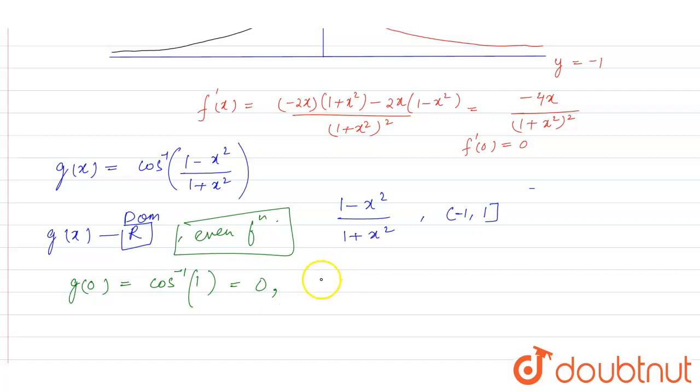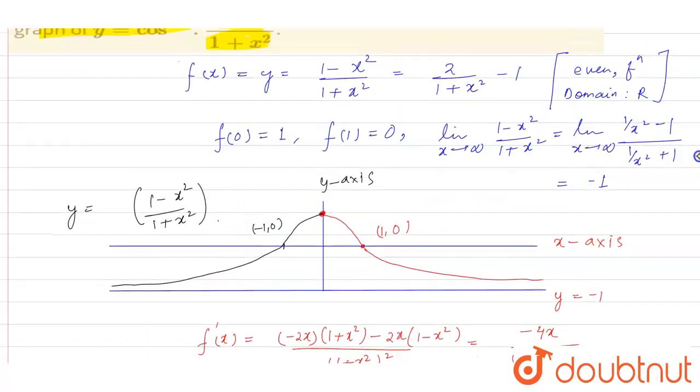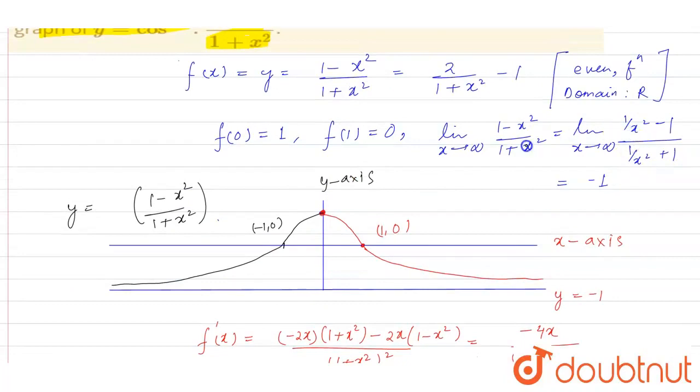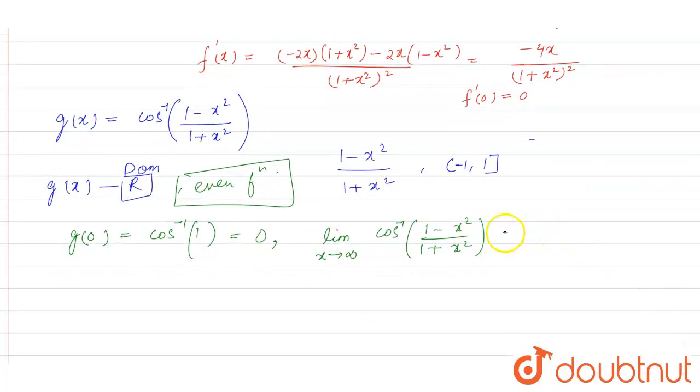Now we'll find out limit of x approaches infinity, g of x, that is cos inverse of (1 minus x square) divided by (1 plus x square). As x approaches infinity, this is approaching minus 1, so which is equal to cos inverse of minus 1, which is equal to pi.